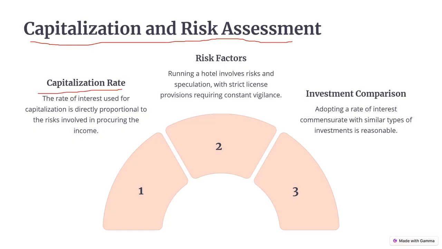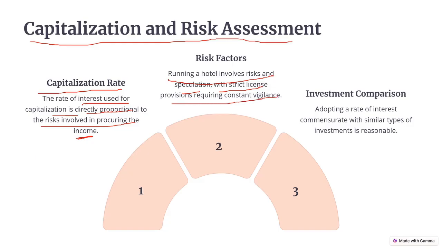Capitalization rate, the rate of interest used for capitalization, is directly proportional to the risk involved in recovering the income. So this is the basic thing of how you have to calculate the capitalization rate. In case of running hotels, it involves risk and speculations with strict license provisions requiring constant vigilance.